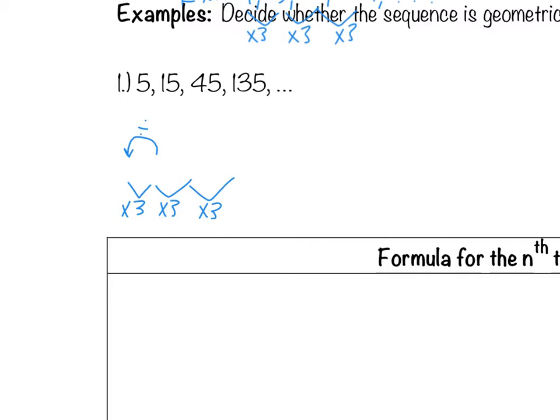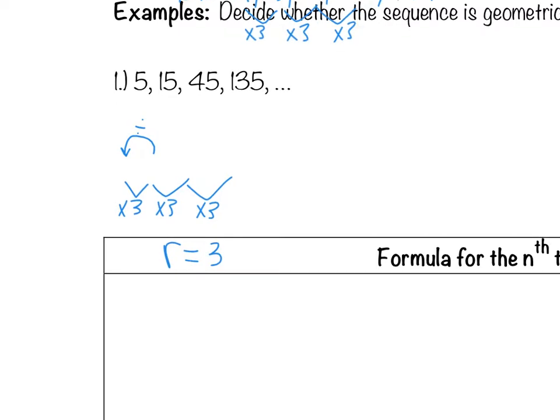And 45 divided by 15 and 135 divided by 45 are all a ratio of 3. It is consistent. They are all being multiplied by 3. So r, the common ratio, is 3.